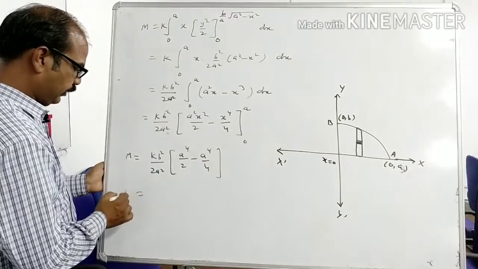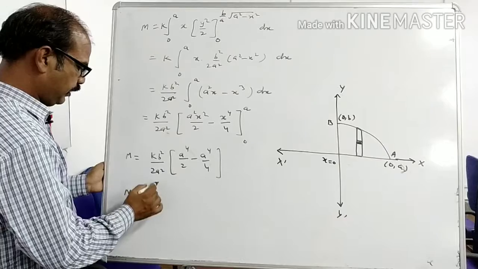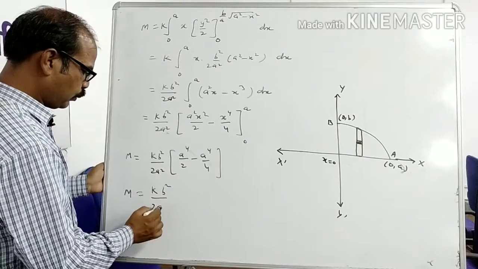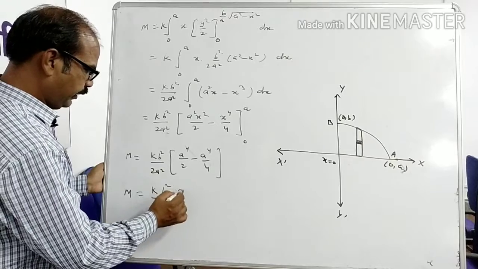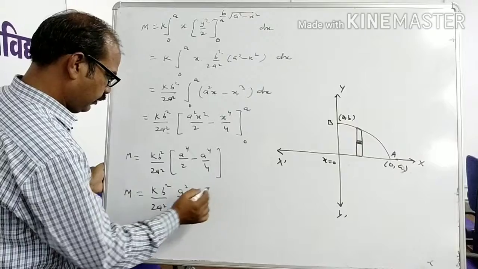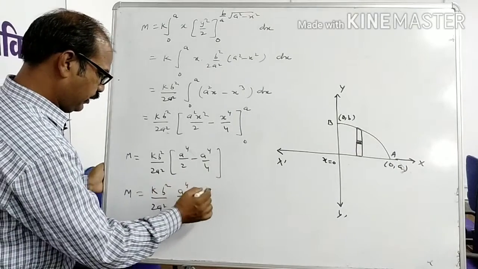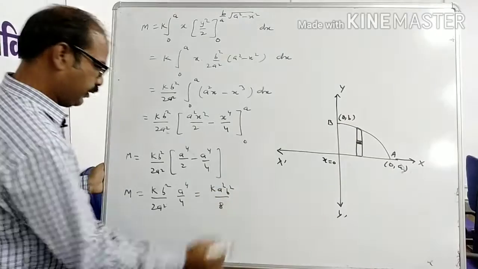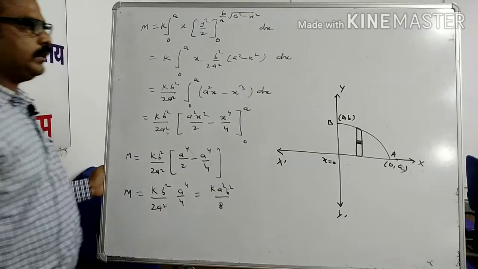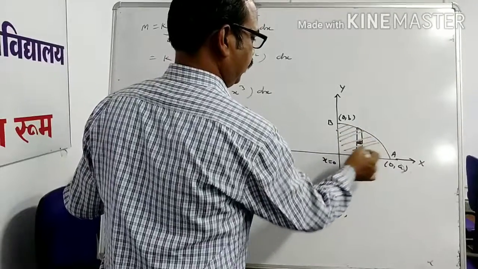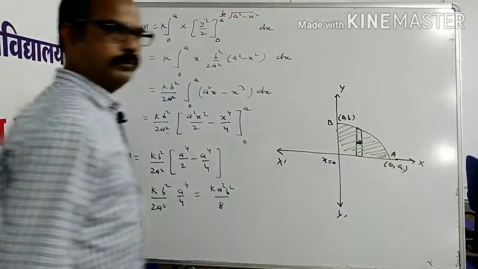So m equals k b square upon 2a square into a to the power 4 by 4, which equals k a square b square by 8. So this is the mass of this shaded portion.